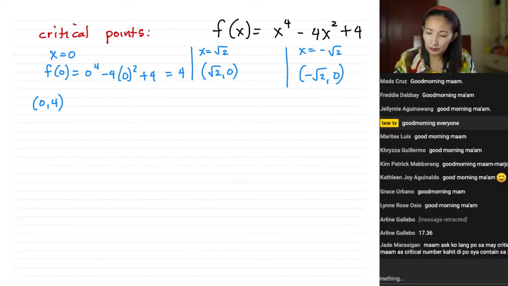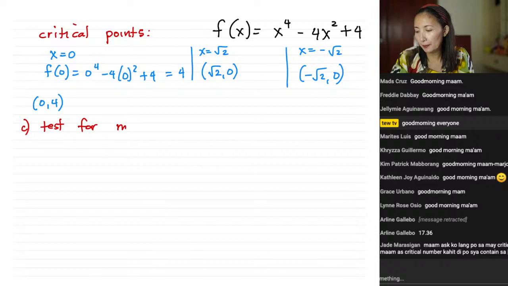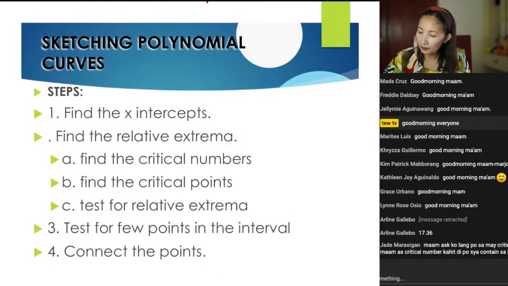Next, instead of the first derivative, I will use the second derivative. So, testing now for test C. Test for min and max using the first derivative or the second derivative test.